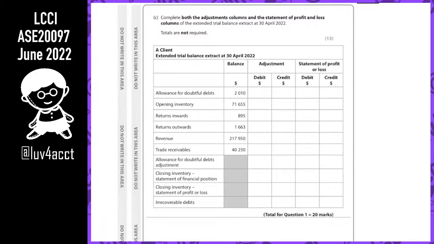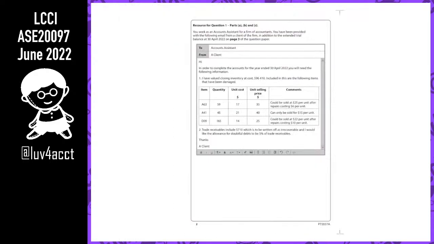This time we need the adjustment column and also the figures should be transferred to the statement of profit or loss, so 2 plus 2 columns. The whole question is 20 marks. That's good. I like it because it is easy to get marks in this extended trial balance.